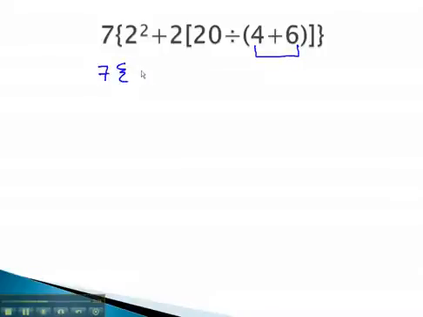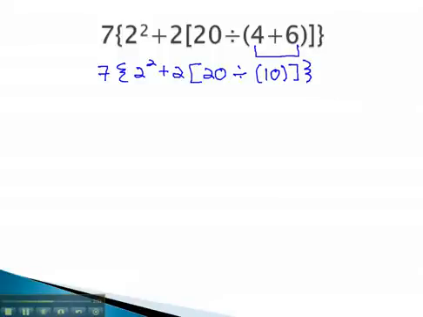So now we have 7 times 2 squared plus 2 times 20 divided by 4 plus 6, which is 10. And that completes the curved parentheses.